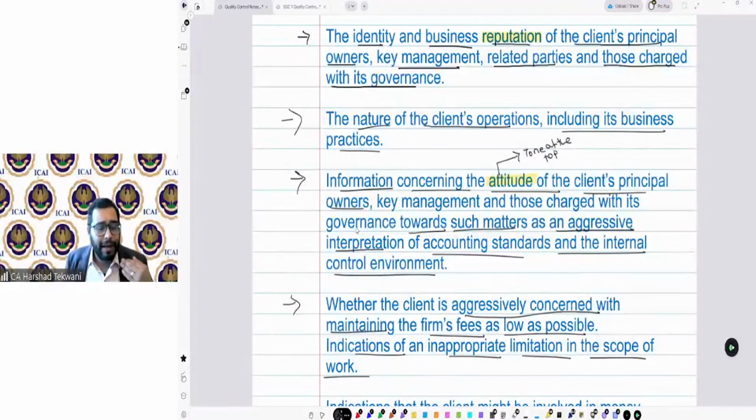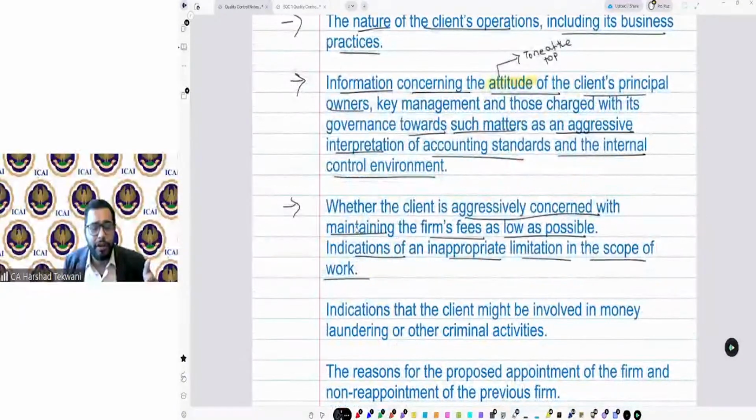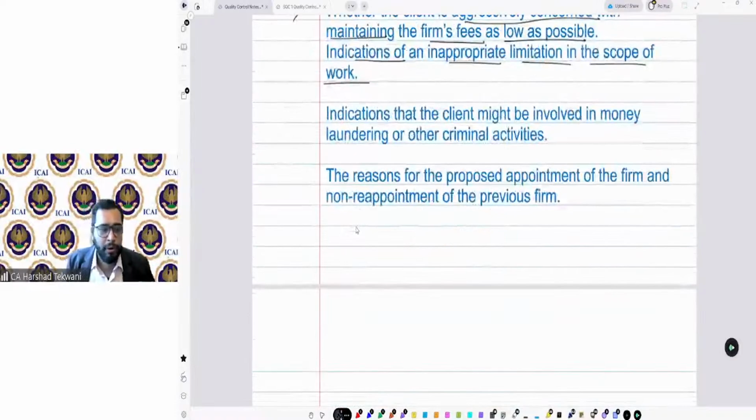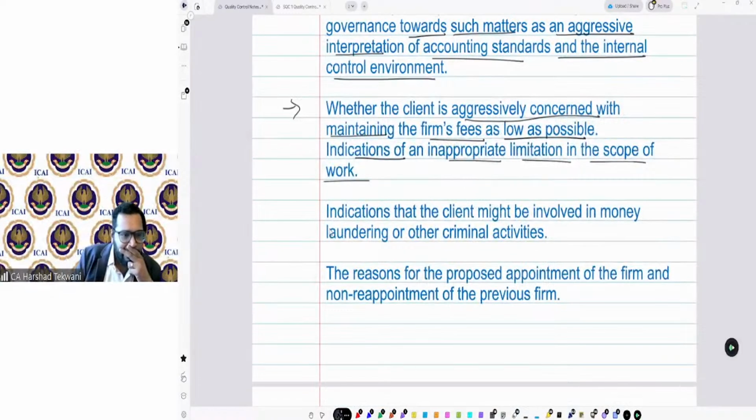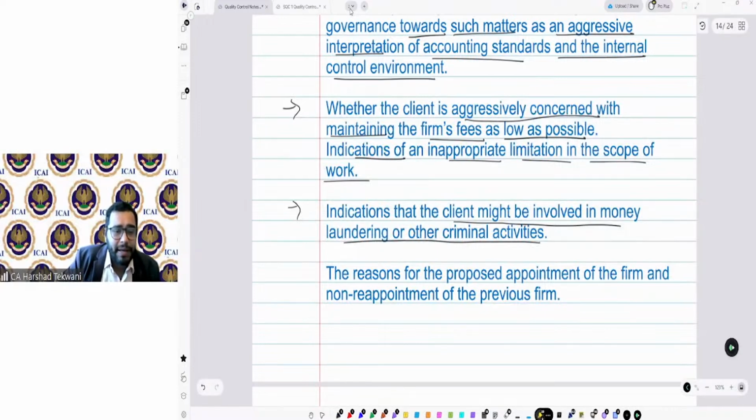So kind of aggressively concerned with maintaining firm's fee low, and if there is any inappropriate action or indication with respect to the limitation in the scope, then we have indication that the client might be involved in money laundering or other criminal activities. So whether the client is involved in any money laundering or other criminal activities, if yes, then we need to consider that also.